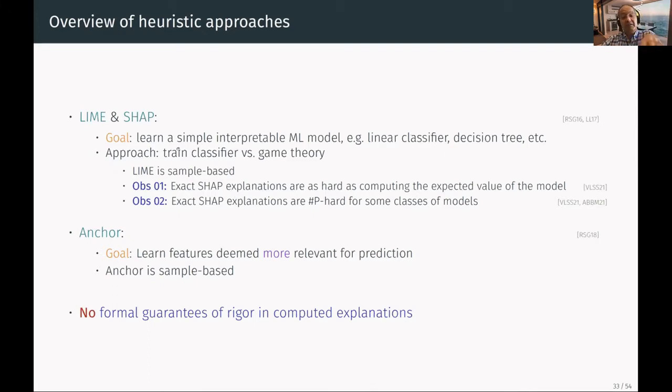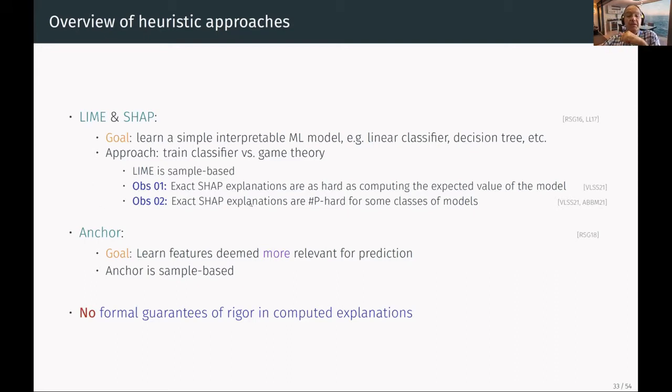They are very different in the way they tackle the problem. Lime uses a trained classifier, using sampling. Sharp uses game theory for the same purpose. Several comments. So Lime is, you essentially sample the training data to train the simpler classifier. So it's very simple.